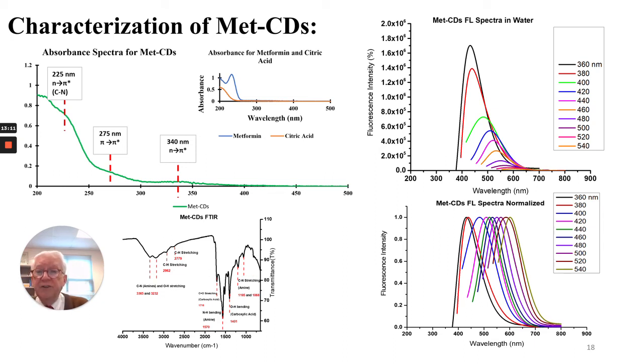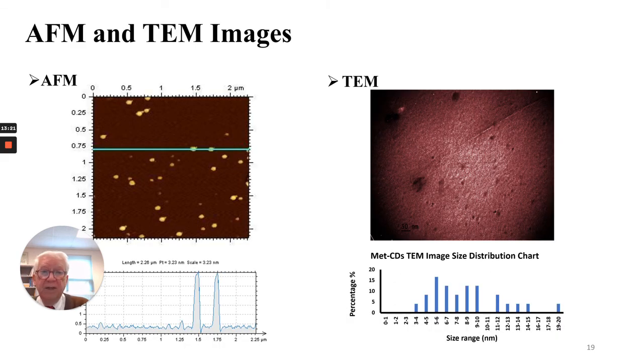And there's a correlation between FTIR and also X-ray photoelectron spectroscopy to identify really the functionality on the ligand, as a ligand on the carbon dot. The size of the particles, we have done this determination by AFM, which has a high resolution for the Z-axis, and also transmission electron microscopy, which has a very good resolution on the XY axis.